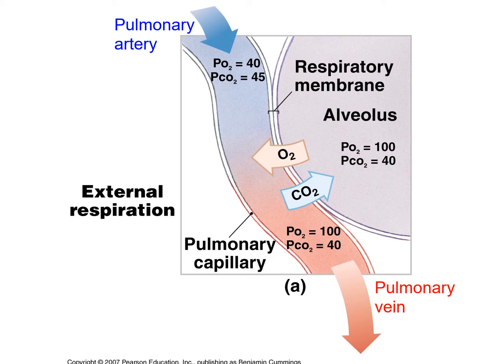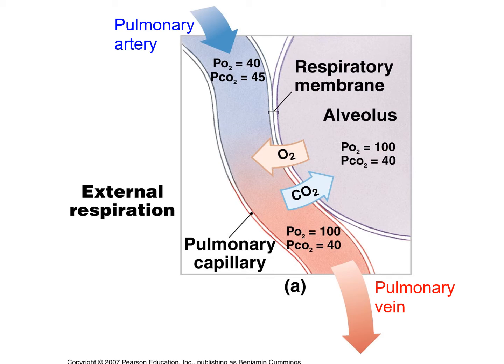So oxygen is just going to diffuse down its partial pressure gradient, going from high partial pressure in the lungs to low partial pressure in the blood. And oxygen will diffuse across until the partial pressures equilibrate.